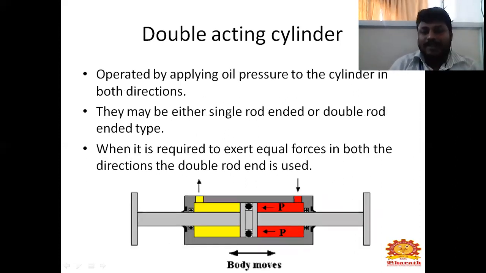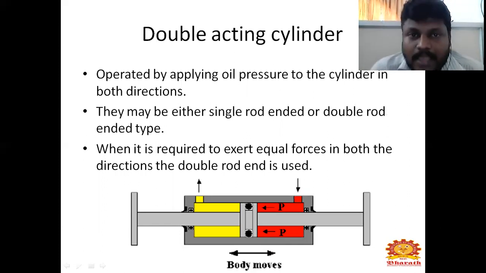Next one is double acting cylinder. We have already seen what a double acting cylinder is, and here what they have given is a double acting double rod cylinder. You will be having a double rod in this one. If this side is acting frontward, the other will be retracted. If this is retracted, this piston will be extended.